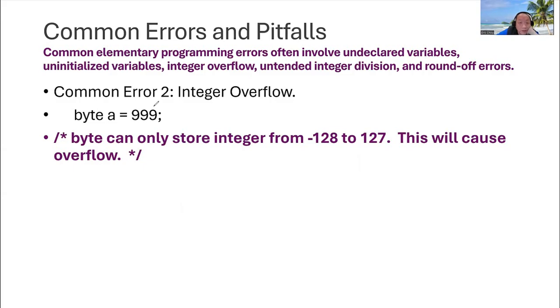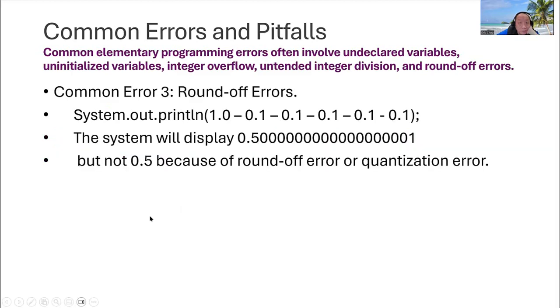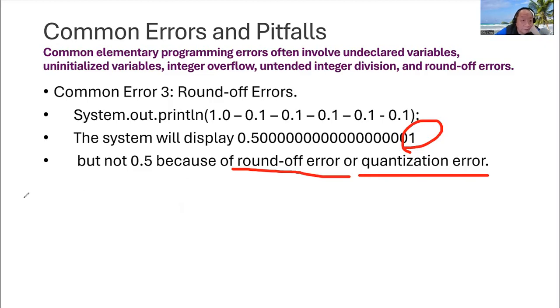Be careful about integer overflow. If your byte is too small, if you assign too large a number to an integer, it will overflow. And then you may have 1.0 minus 0.1, 0.1, 0.1, 0.1. You are assuming that you get 0.5, but you don't. This we call round-off error or quantization error, okay? That's because your floating point is not perfect.